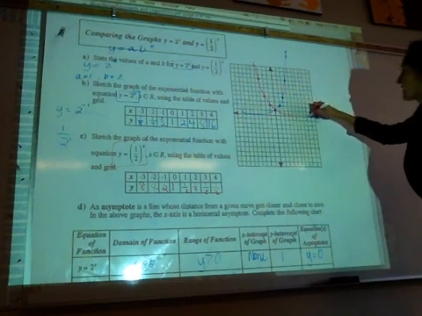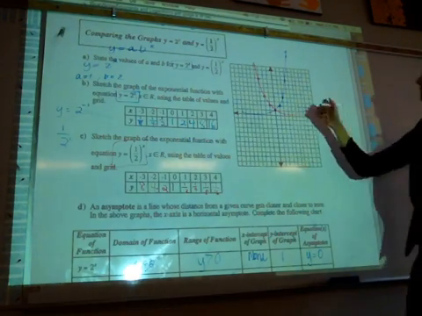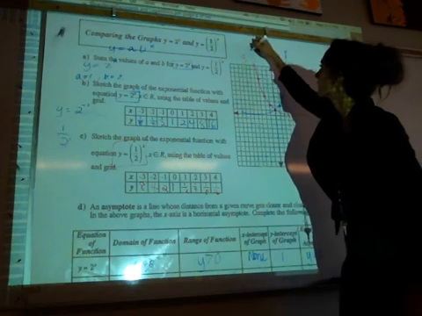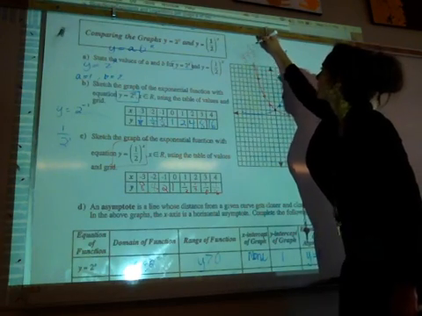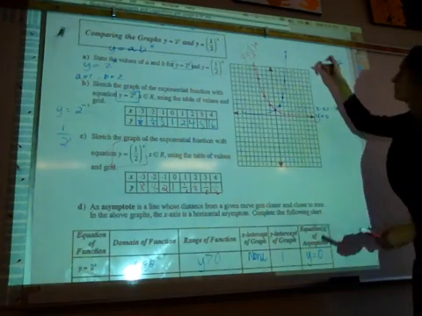Connect the dots, and you can see that the numbers are exponentially decaying or falling. Always good if you're plotting more than one graph, just make sure you label it.